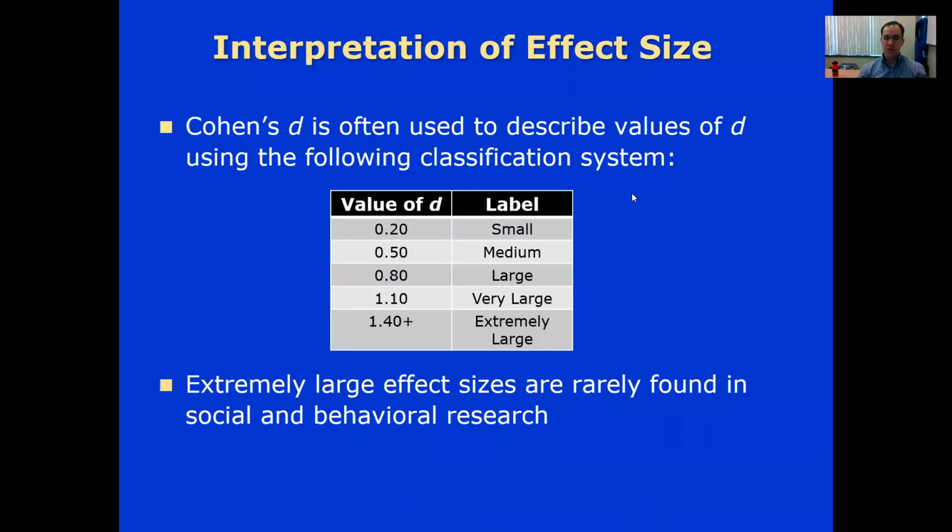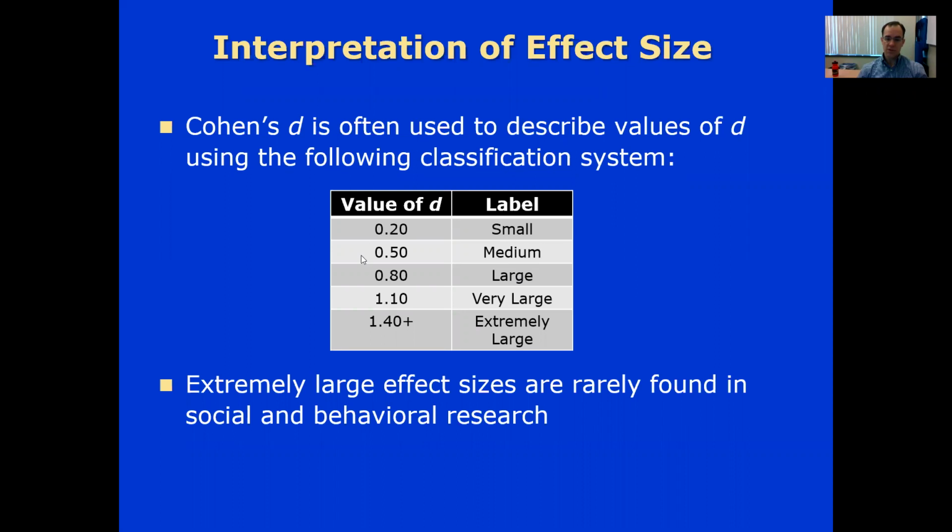Now here is the interpretation of effect sizes. Typically, as you saw in the calculator, it was reported in Cohen's d, and values of d are often described using the following classification system. Here's the list of what an effect size difference would be.